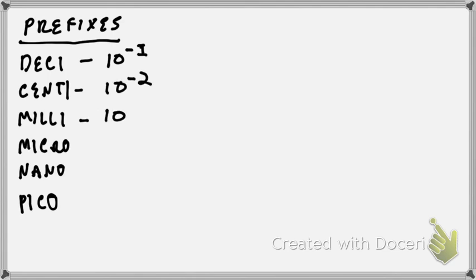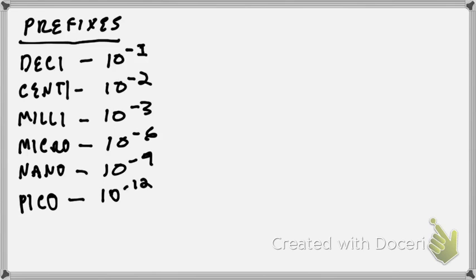Milli means 10 to the negative 3. Micro means 10 to the negative 6. Nano means 10 to the negative 9. And pico means 10 to the negative 12. These prefixes hold whether the ending is grams or meters.